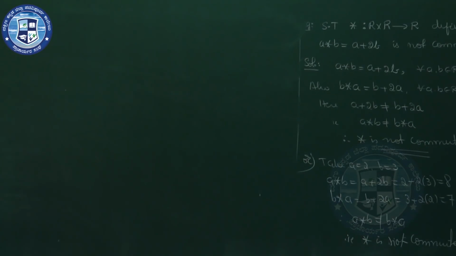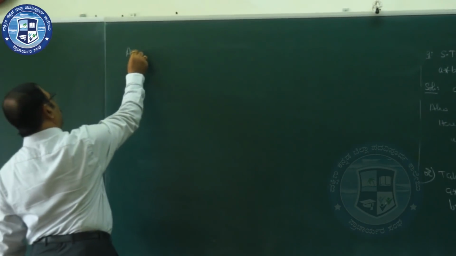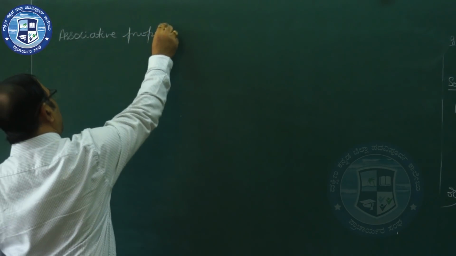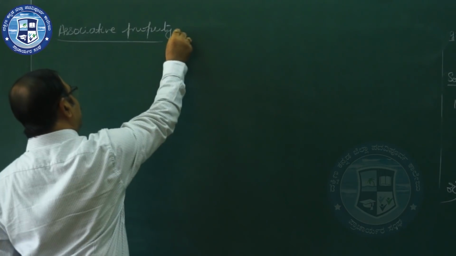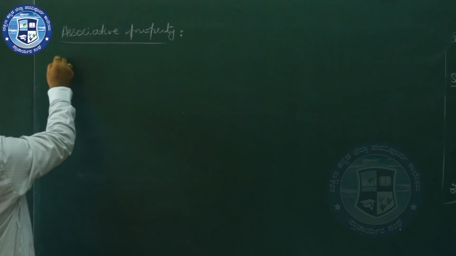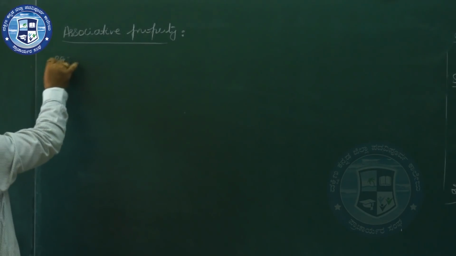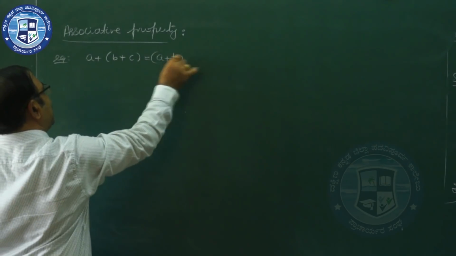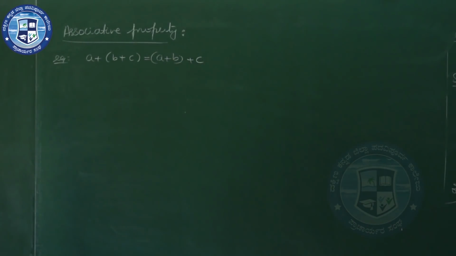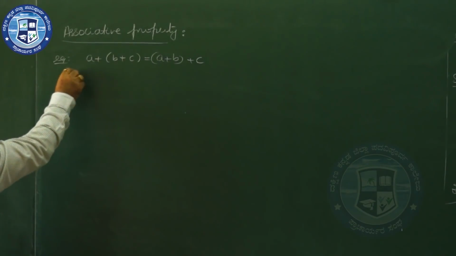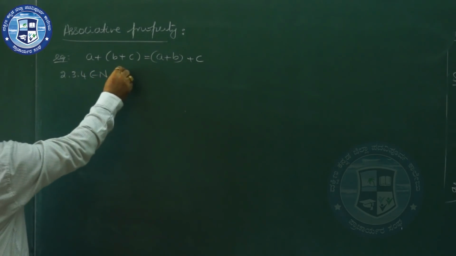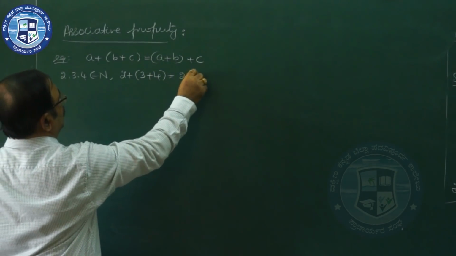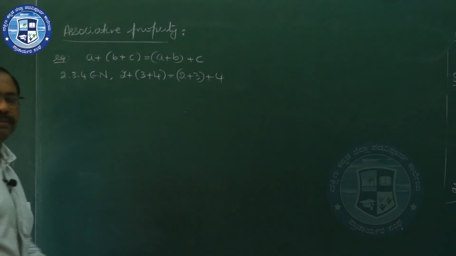Next, let us take up associative property. What is this associative property? See, we know, for example, associative property: A plus B plus C, A plus B plus C. For example, 2, 3, 4 belonging to N. We can write 2 plus 3 plus 4 equal to 2 plus 3 plus 4.